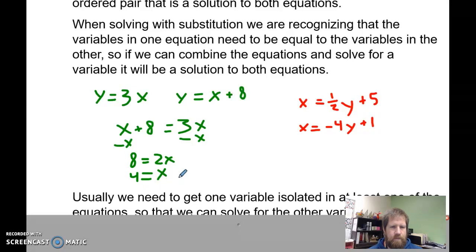Once I've got my first variable, I'm going to go back into either one of the equations, it doesn't really matter which one, and substitute the value I've figured out to find my other variable. So I'll use this one, y equals x plus 8, but I already know that x is 4, so y equals 4 plus 8, or y equals 12.